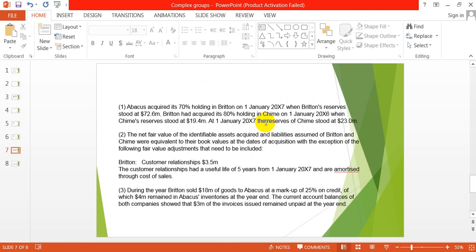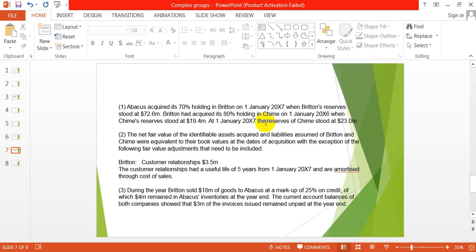Britain had acquired its 80% holding in C on 1st January 20x6, when C's reserves stood at 19.9 million. At 1st January 20x7, the reserves of C stood at 23 million.